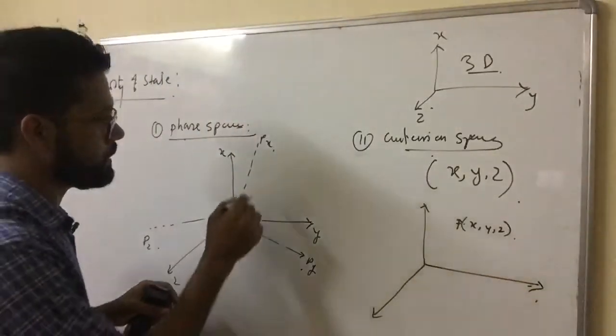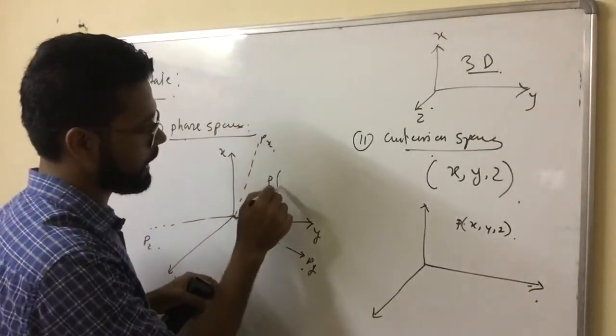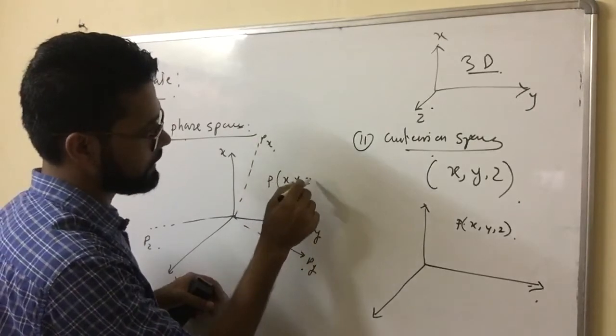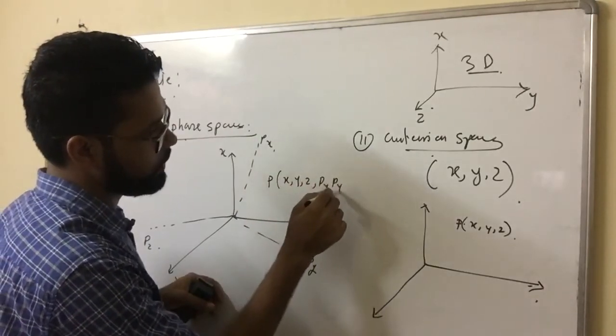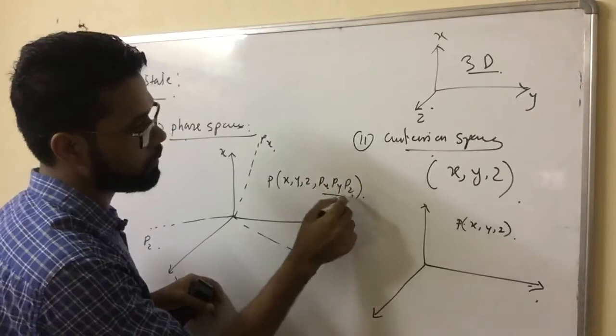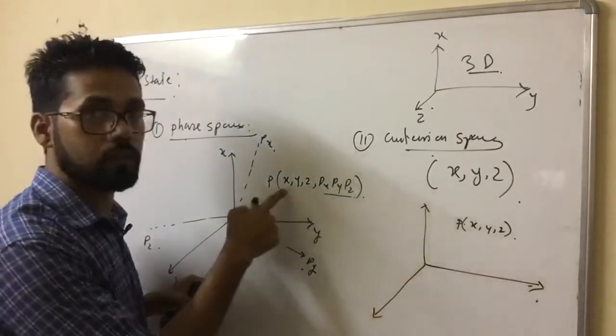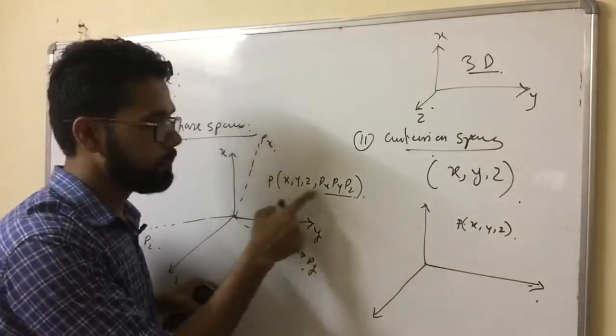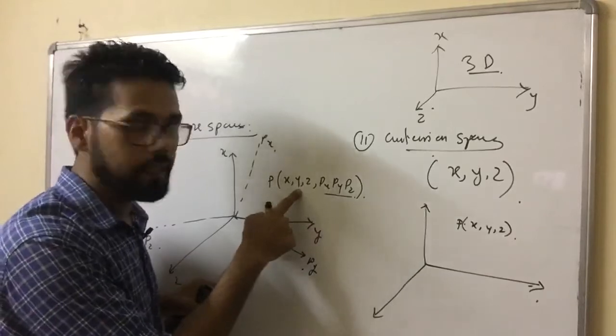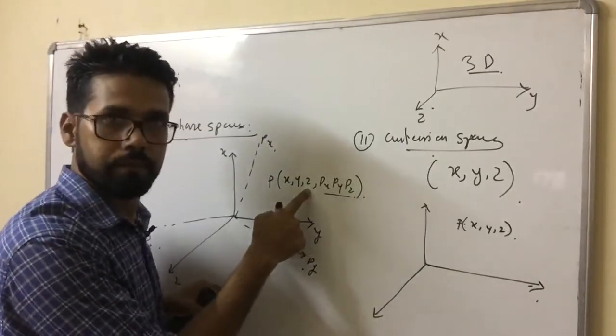But if I represent the same point in phase space, I will need x, y, z, px, py, pz. Px is the corresponding momentum with respect to x, py is the corresponding momentum of y, pz is the corresponding momentum of z.